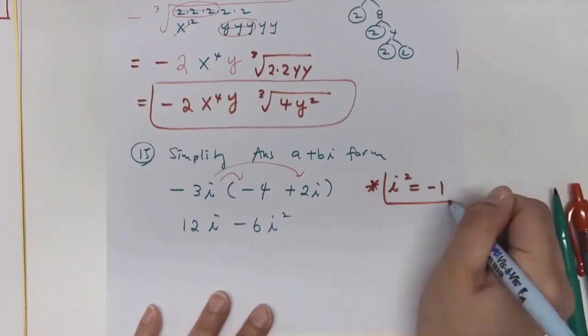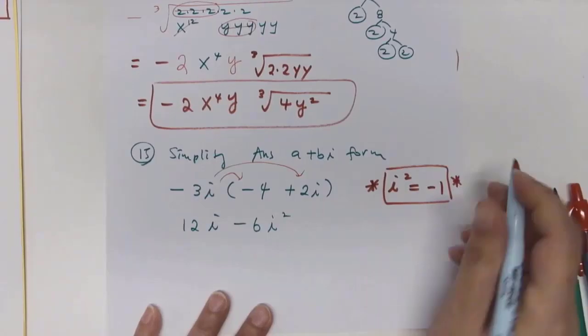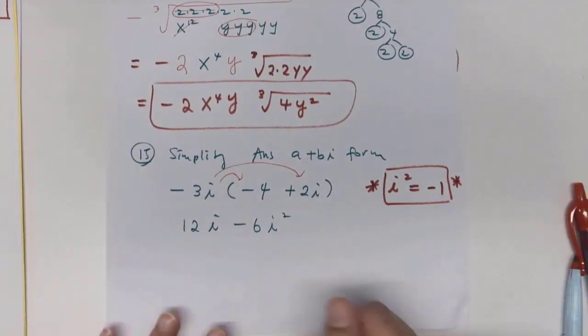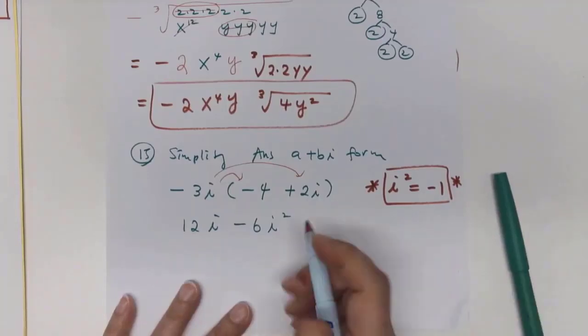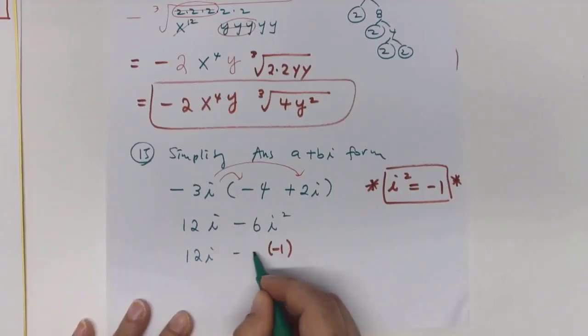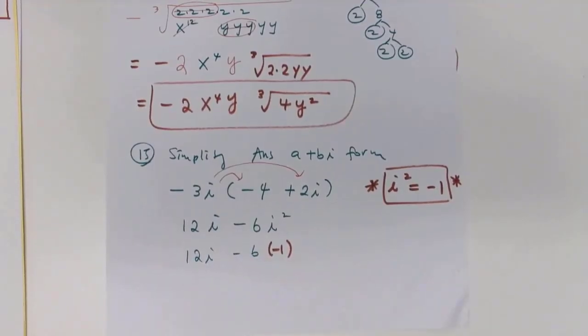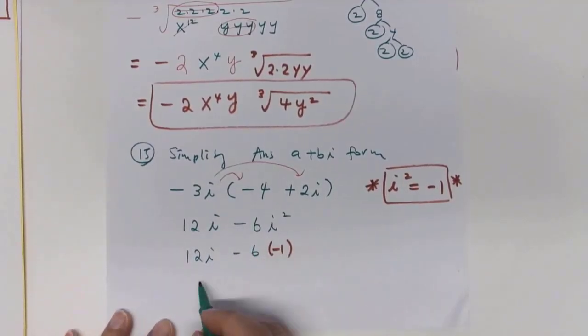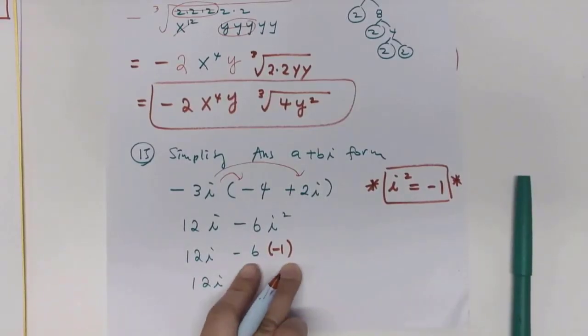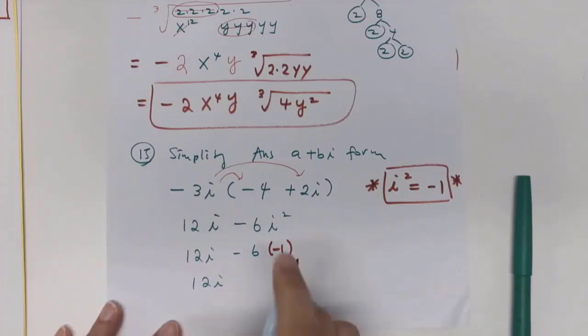So please practice and remember this by the exam. This means I can replace my i squared with negative 1. So this becomes 12i minus 6 times negative 1. These two multiplied together will give me what? Negative 6 times negative 1 is positive 6.